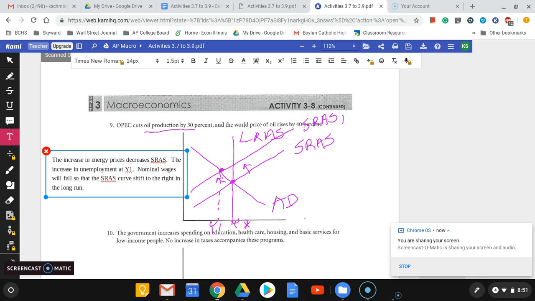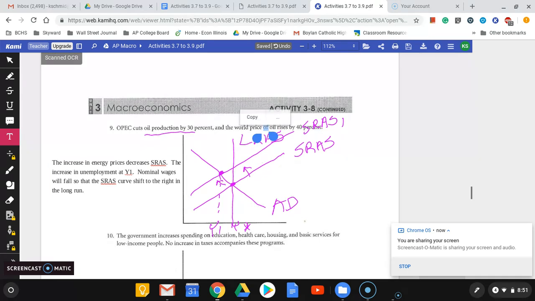So the SRAS curve will shift back to the right, and we will move back to long run aggregate supply.